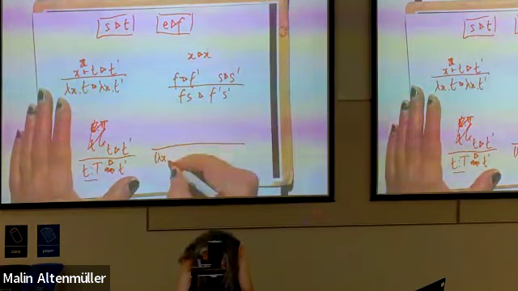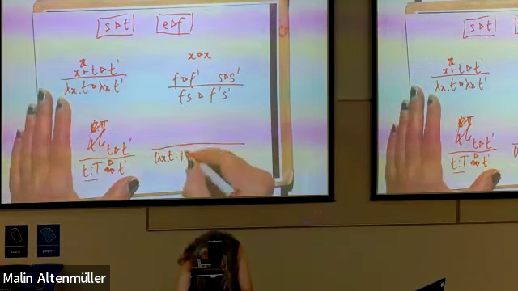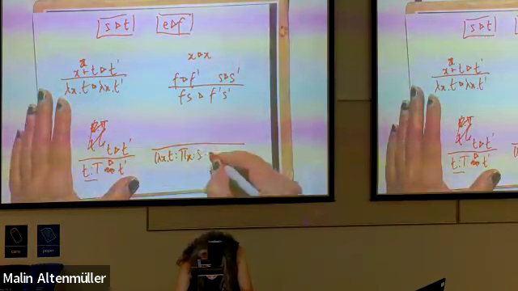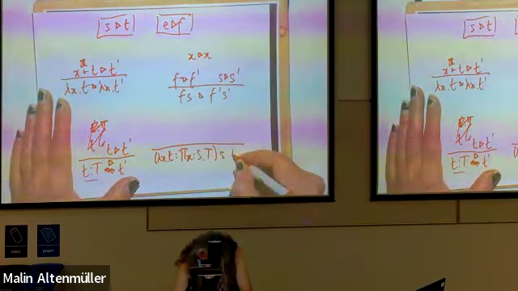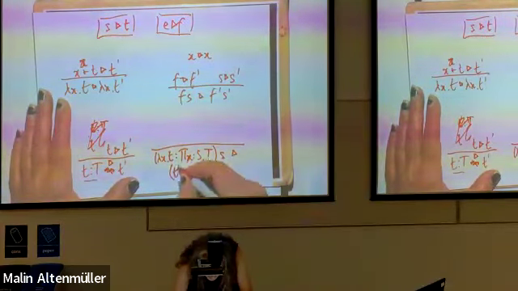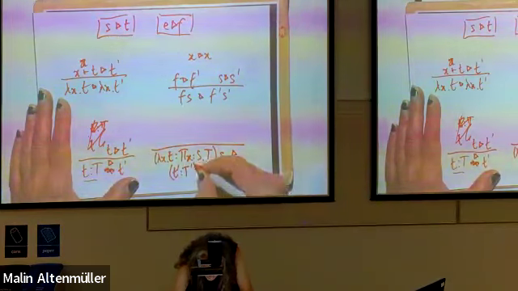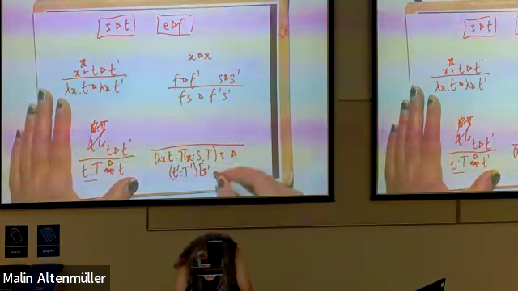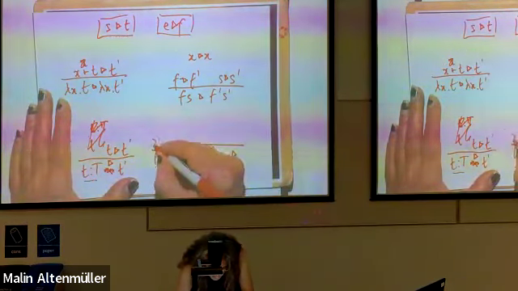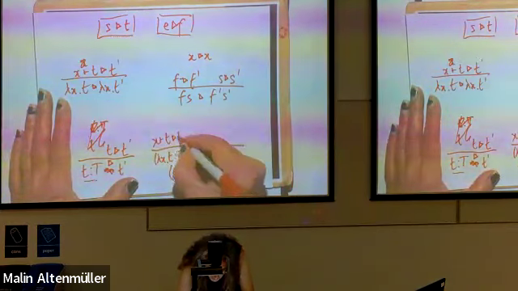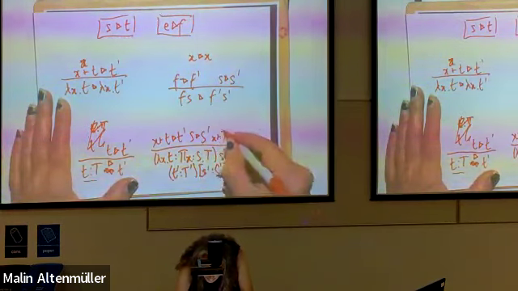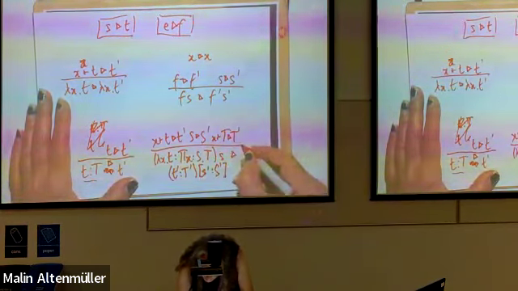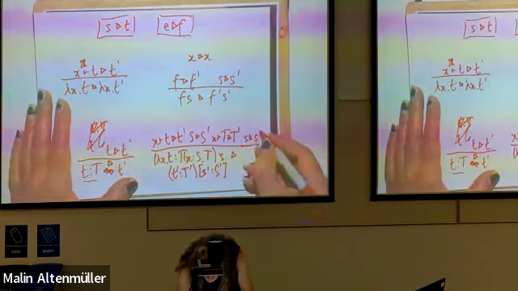Lambda x dot t in pi x in s t applied to s computes to t prime in big T prime instantiated with little s prime in big S prime, provided x says t becomes t prime, s becomes s prime, x says big T becomes big T prime, and little s becomes little s prime.